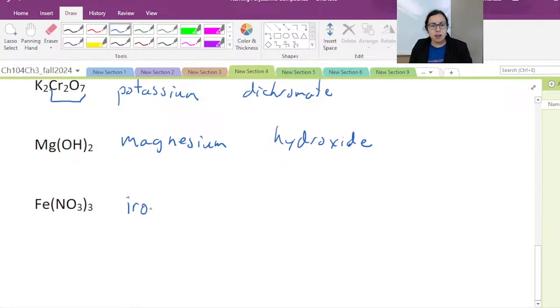Iron, but then what does iron need though? What's a little different about iron than magnesium?